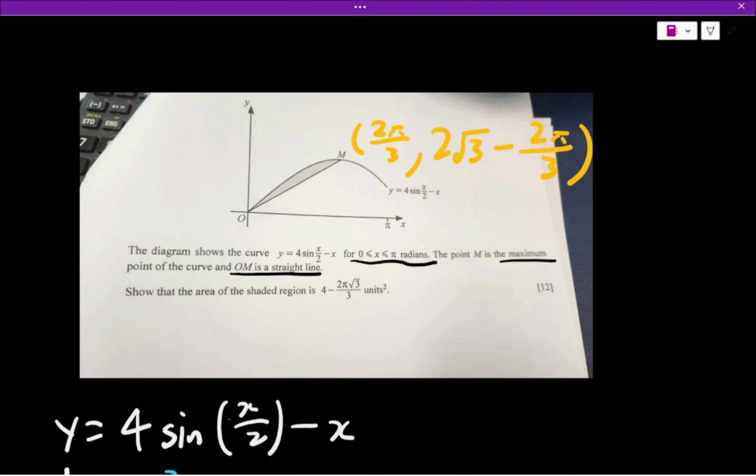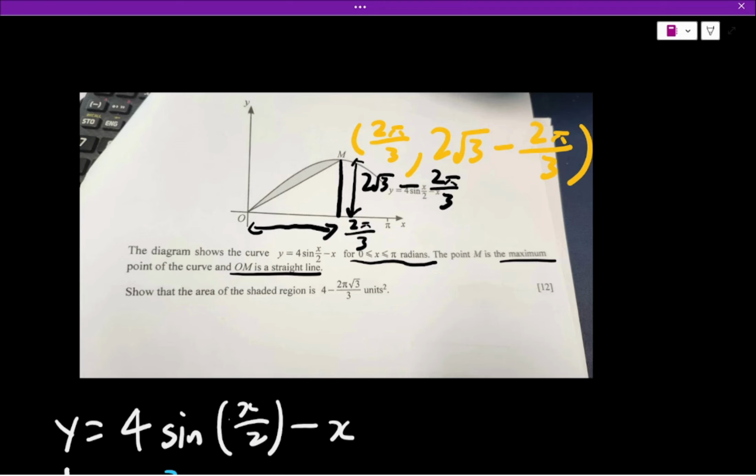If you look closely, this side right here is actually just the distance between the origin and the x-coordinate of M. So this is 2 pi over 3. Whereas this is the distance between the y-coordinate and the value 0. So this is going to be 2 root 3 minus 2 pi over 3.